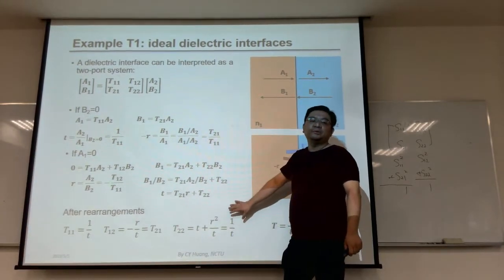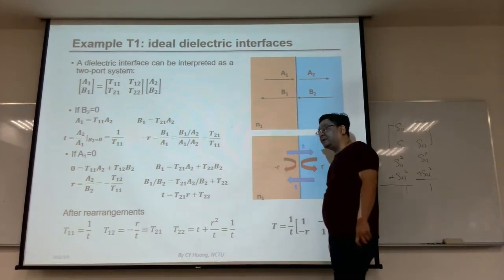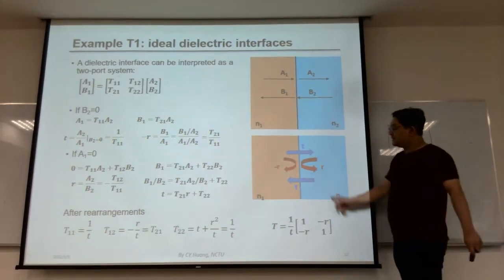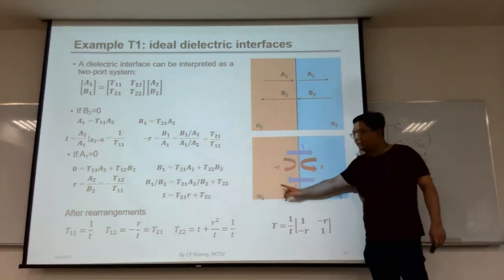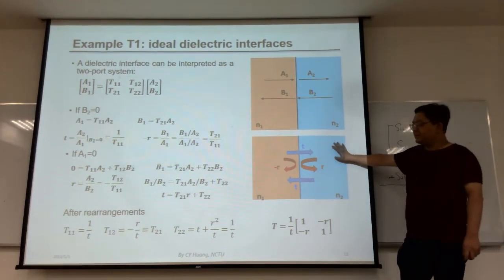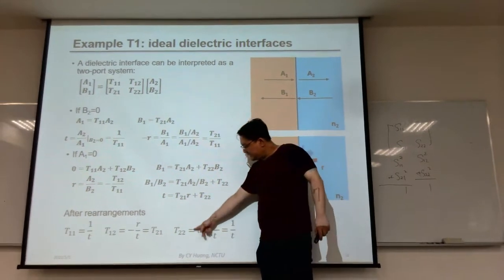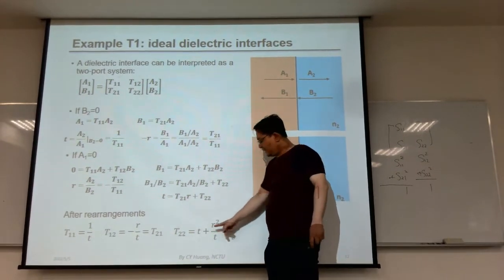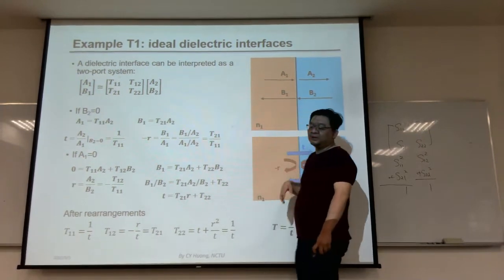Yeah, most of the time we will just assume it's lossless, but not necessarily. It could have some loss. That means some power reflects here, some passes through, and some dies in the middle. Yeah, so that will be absorption. So the more correct way is writing it down like this. But if it is lossless, it will further reduce into 1 over T.